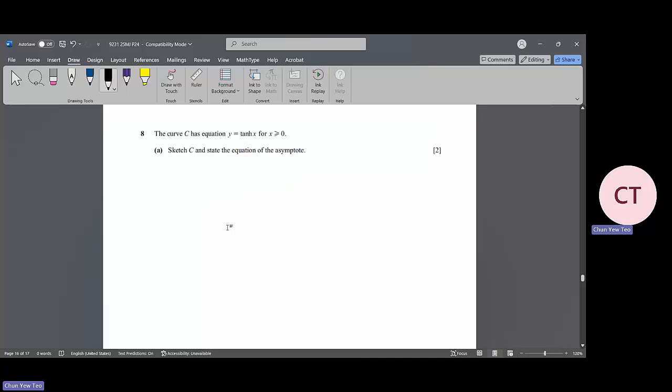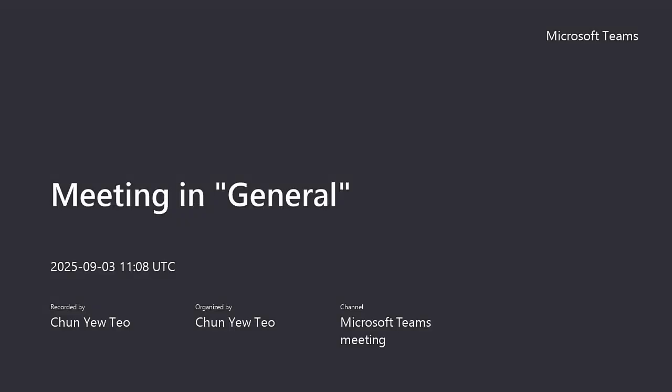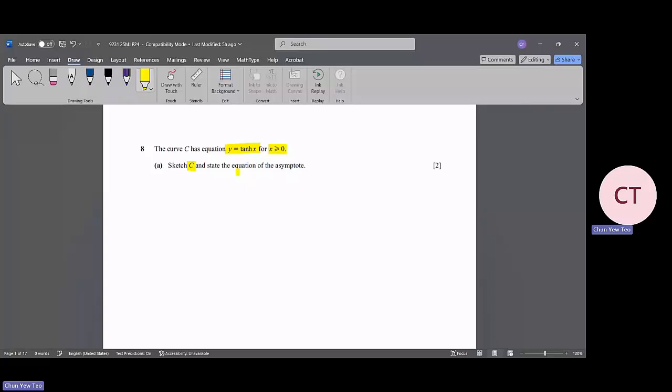And move on, we have question number 8. Sketch C and state the equations of the asymptote. Okay, so we need to write down y equals tanh x in the exponential form.